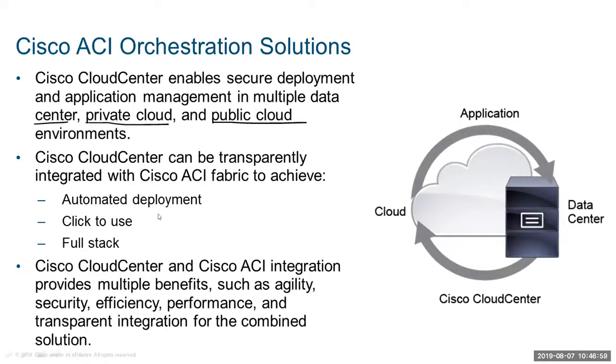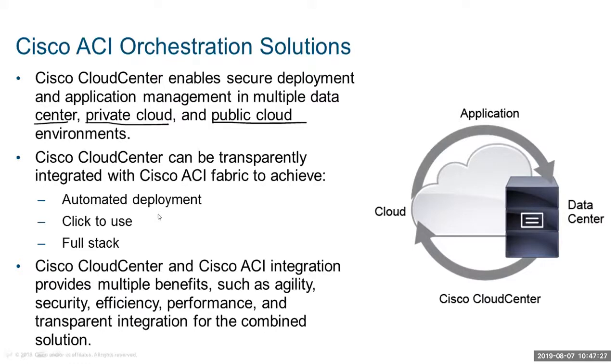And it shows you the integration would achieve this. Users can go ahead and utilize the self-service on-demand deployment in Cloud Center. Now we'll go ahead and leverage the ACI's network policy and configure the switches accordingly. Then, from a security perspective, in Cloud Center, you just need to click and specify the security needed.